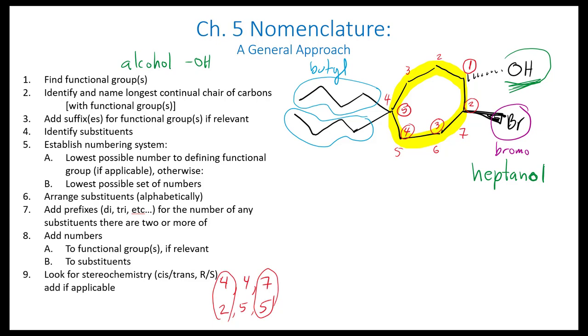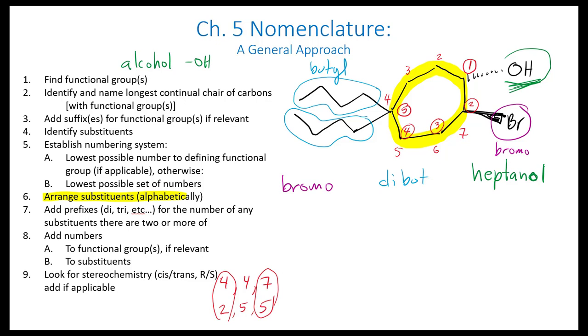And so we want to next arrange our substituents alphabetically. And so Br for bromo comes before Bu for butyl. So we'd say bromo, and then we'd want di for the 2 butyl groups.